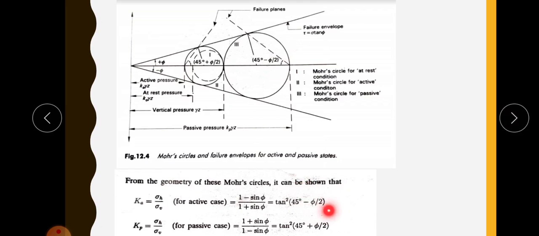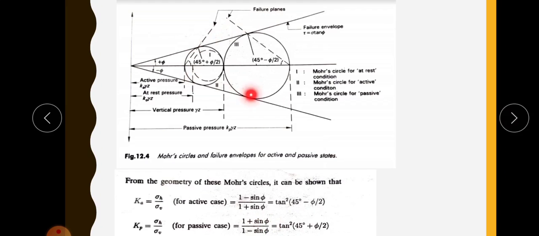For active, for calculating Ka, we are taking only minus 1, that is 1 minus sin phi, tan square of 45 minus phi by 2. And for passive we always first write the plus value.